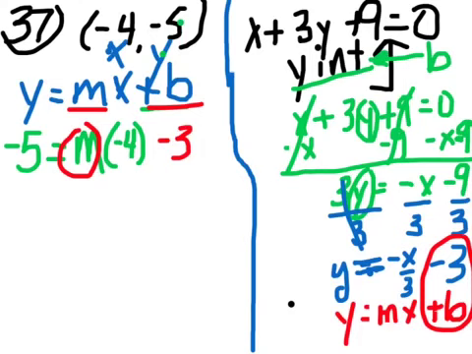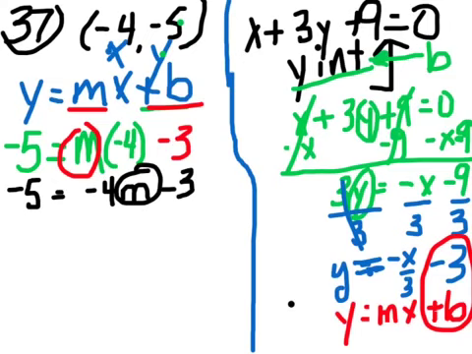All right, so let's do that. If I want to get m by itself, I divide last. So I am not going to mess with that negative 4. By the way, if that negative 4 is bugging you like that, write it this way so it looks normal. Okay, if I want to get m by itself, the first thing I'm going to do is add or subtract, because I'm going to divide last.